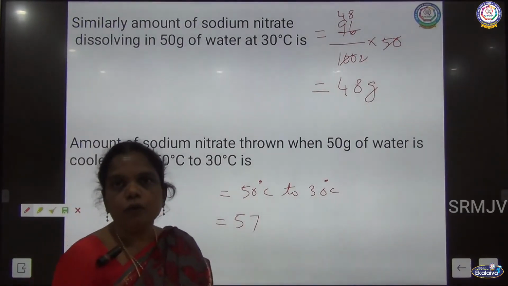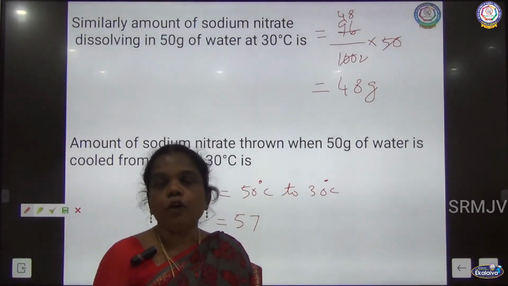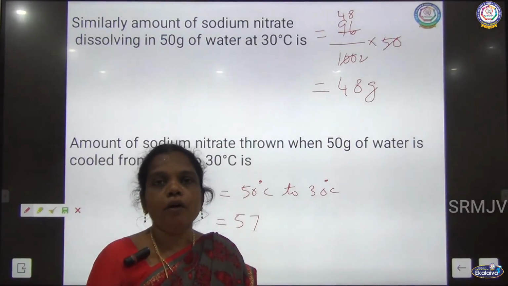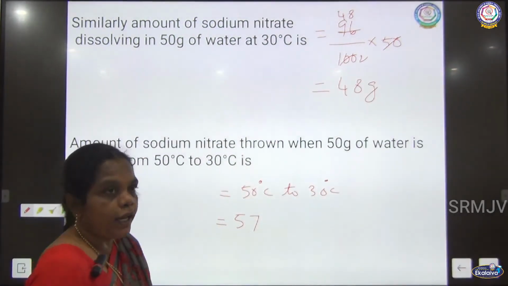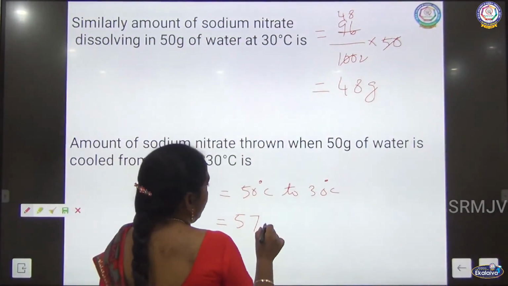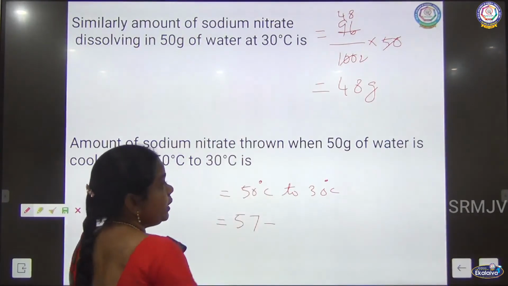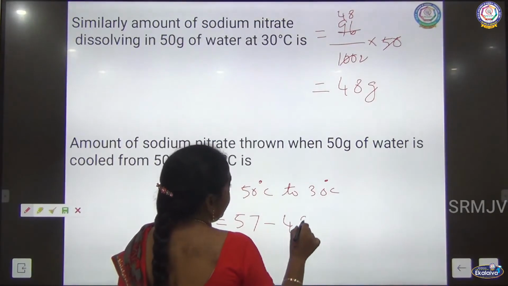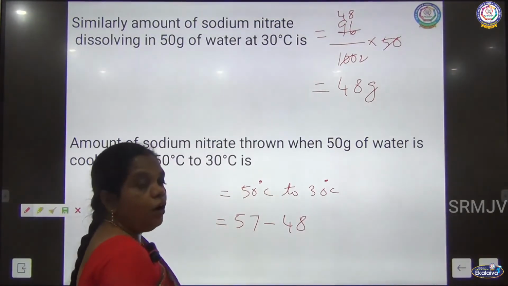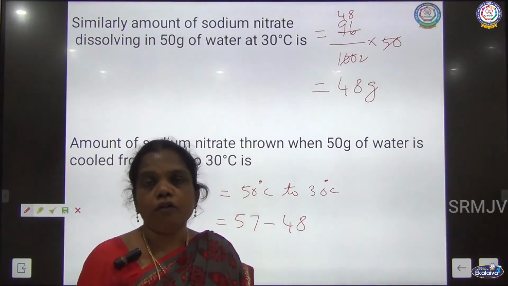Already I have found out the saturated amount of solute for 50 gram of solvent is 57 gram of potassium nitrate, minus at 30 degrees Celsius we need how many gram? 48 gram for the preparation of 50 gram of solvent.